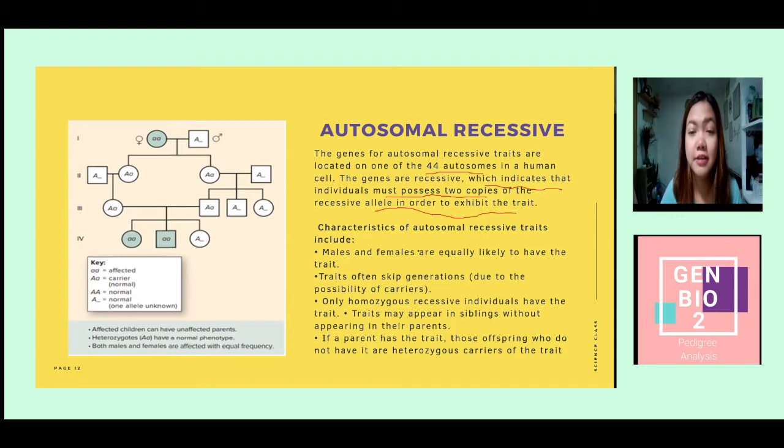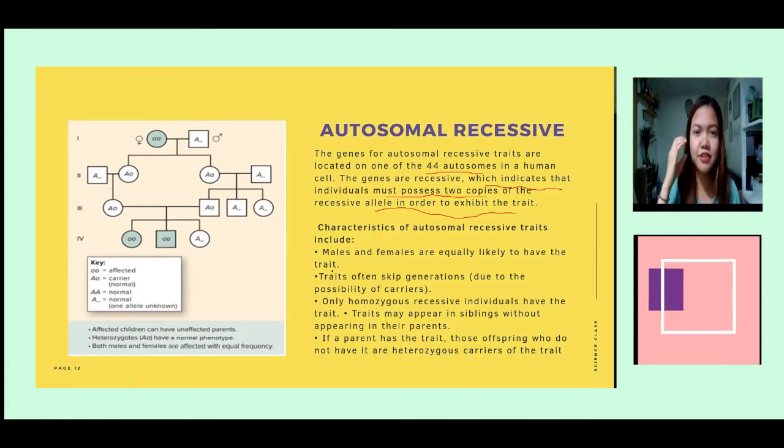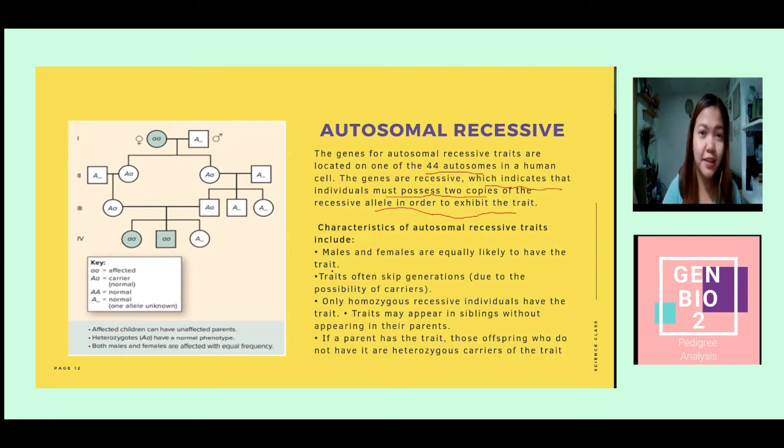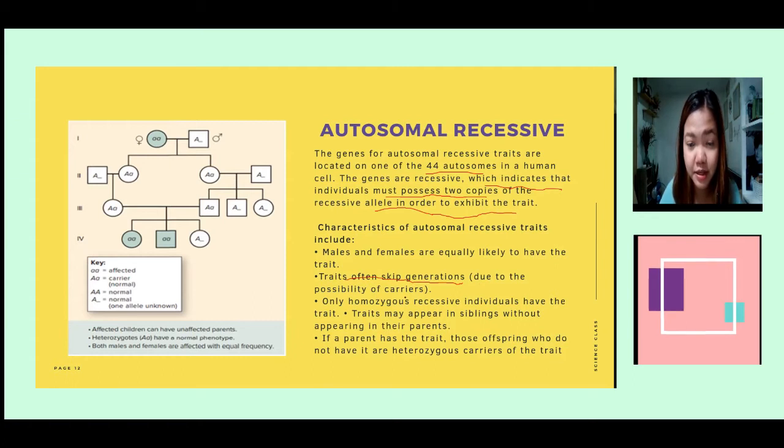Okay? So characteristics of autosomal recessive traits include males and females are equally likely to have the trait. So again, it doesn't matter if you're a male or female for as long as meron yung gene na yun within 44 autosomes, magkakaroon din ng trait. So traits often skip generations due to possibility of carriers.